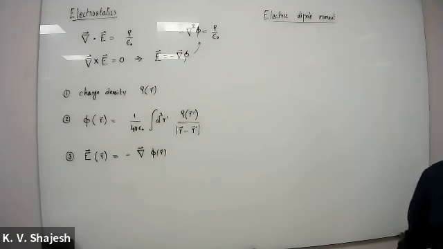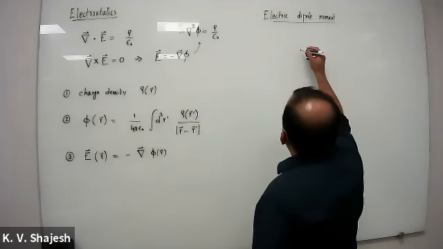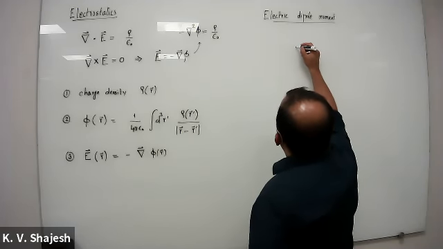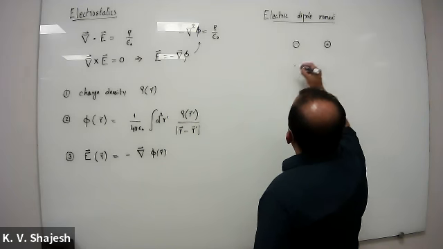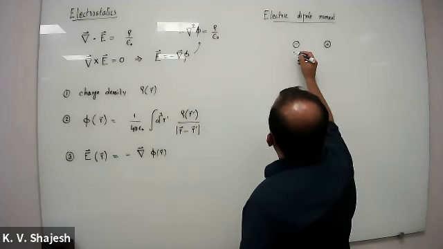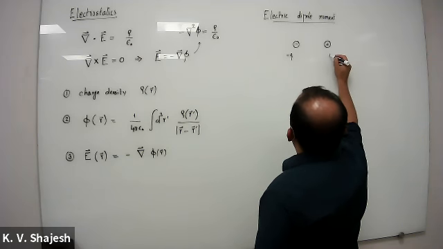What we're saying is that there is a point charge, say this is negative and that is a positive point charge. Both are of charge Q, so this is minus Q and that's plus Q.